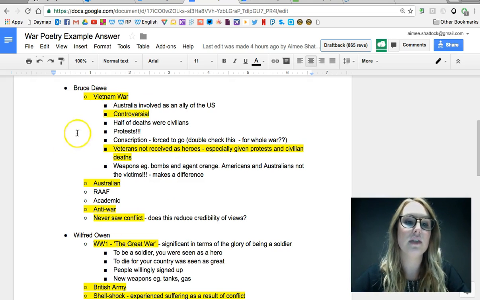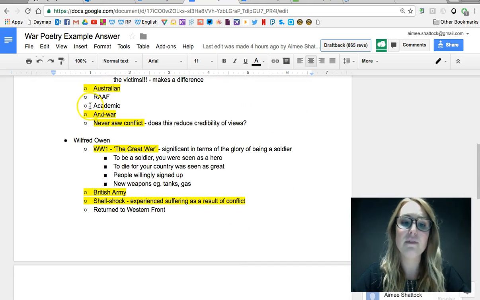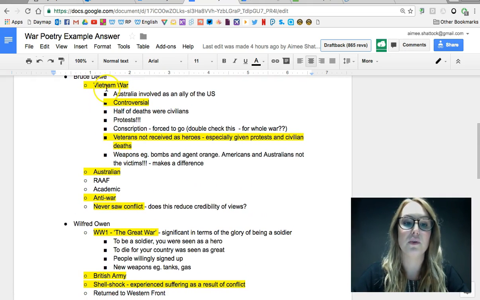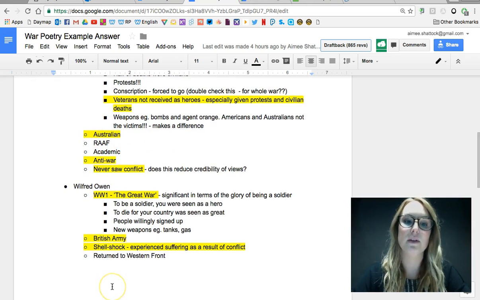So all I've done is write down everything I can remember about Bruce Dawe from our research work and all the things that I think might be relevant. I've then done the exact same thing for Owen, trying to make sure that I've got similar information. So I've got the war, that he's British, he's Australian, and then their experiences.